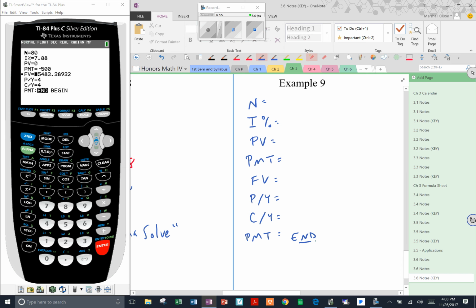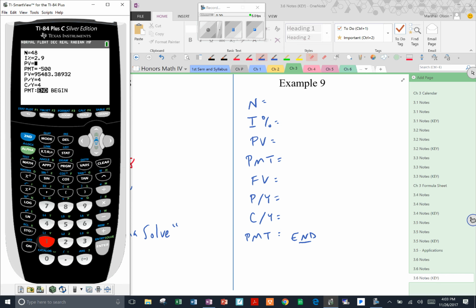All right, so let's go back up here and put in our values to find out what Carlos's truck payment needs to be. He's going to be making 48 total payments overall. The interest is going to be a 2.9% interest rate. Right now, the present value, it's not zero.